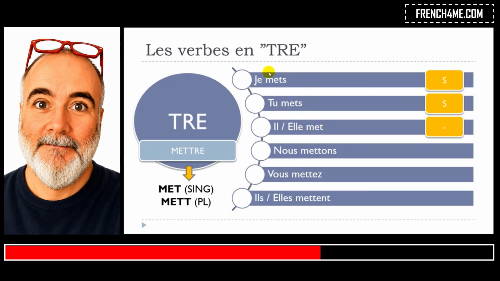Keep in mind that phonetically you pronounce them the same here: mets, mets, met. Then for nous, you will put the ending O-N-S, but keep in mind that the stem is different, M-E-T-T. For vous, E-Z, same stem here, and then E-N-T for ils and elles.